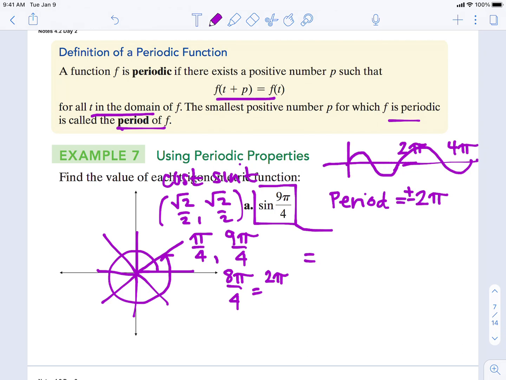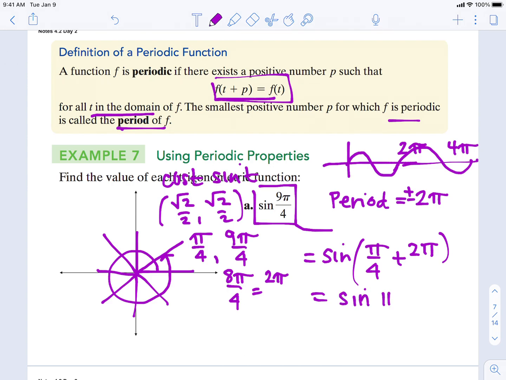So if we use this equation up above, the sine of pi over 4 plus 2 pi is equivalent to the sine of pi over 4. So if we use our value right there, what is the sine of pi over 4? This is exactly the square root of 2 over 2.